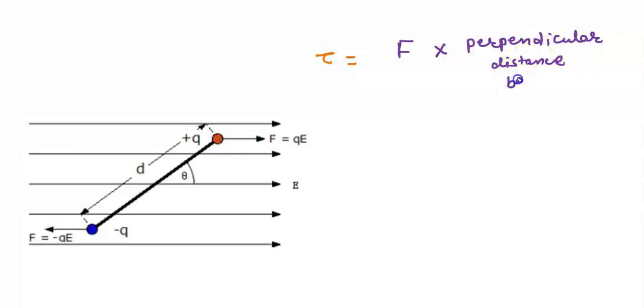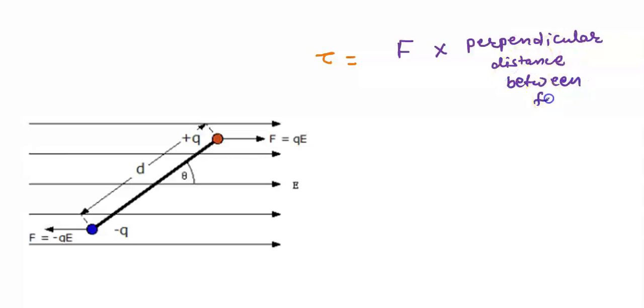How do we define tau? Tau is equal to the magnitude of any force multiplied by the perpendicular distance between the lines of action of the forces.